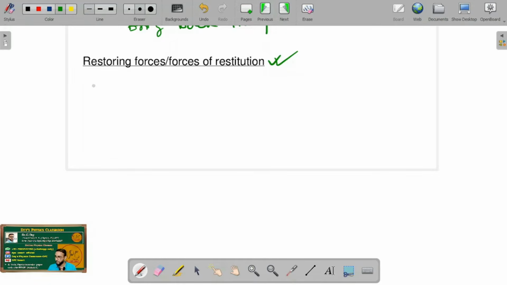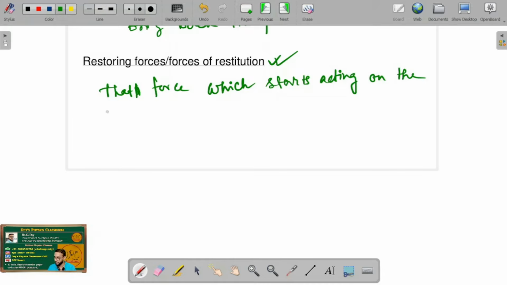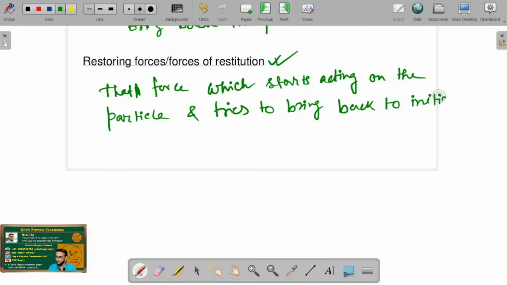That force which starts acting on the particle and tries to bring it back to the initial position of rest is called force of restitution or restoring force.